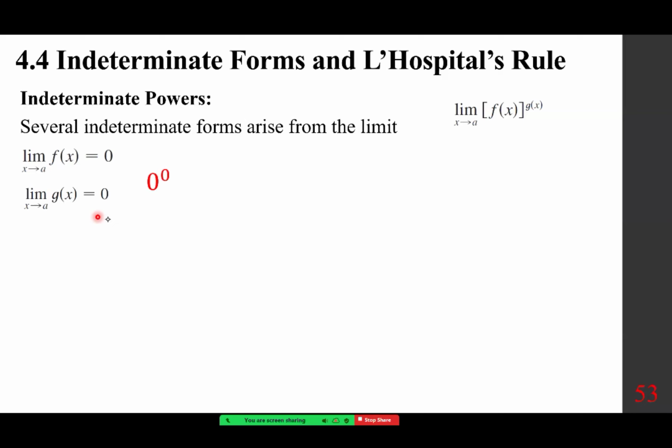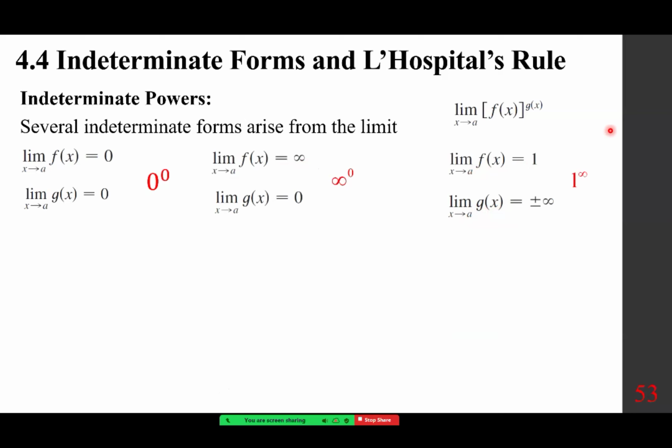In other words, we could have 0 to the power of 0. Limit of f of x is infinity, we can have infinity to the power of 0. Limit of f of x is 1, but limit of g of x is plus or minus infinity. So 1 to the power of infinity or 1 to the power of negative infinity. Those are also considered indeterminate.